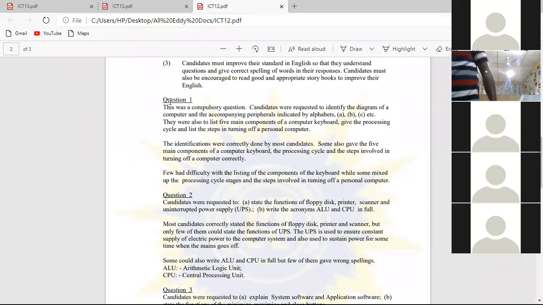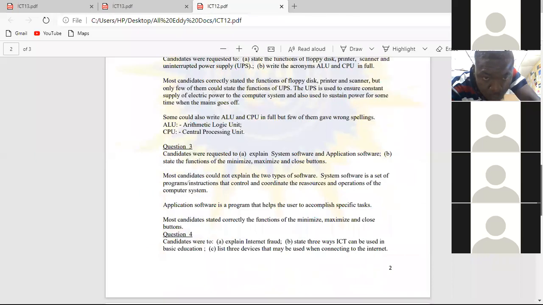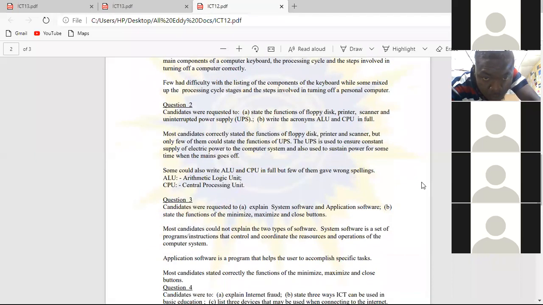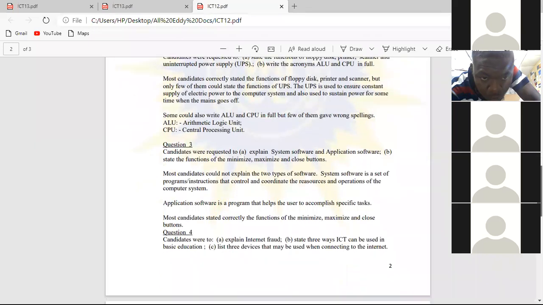The UPS is used to ensure a constant supply of electric power to the computer system and also to sustain it for some time when it goes off. Some could also write ALU and CPU in full, but few of them gave wrong spellings. ALU, arithmetic logic unit. CPU, central processing unit.